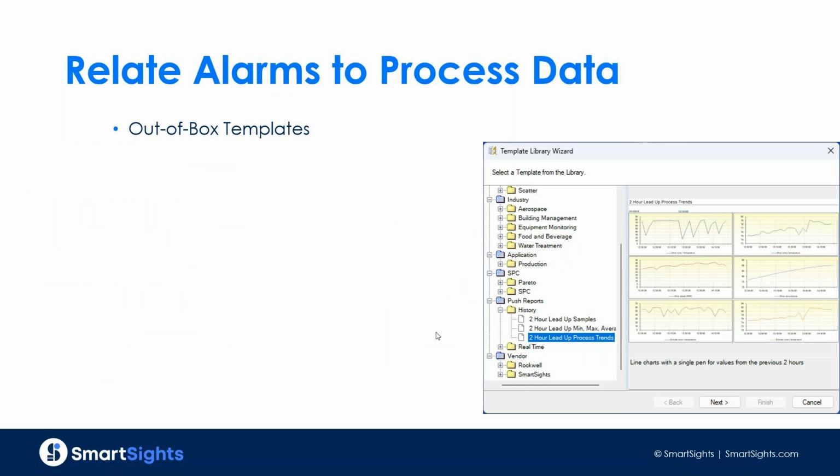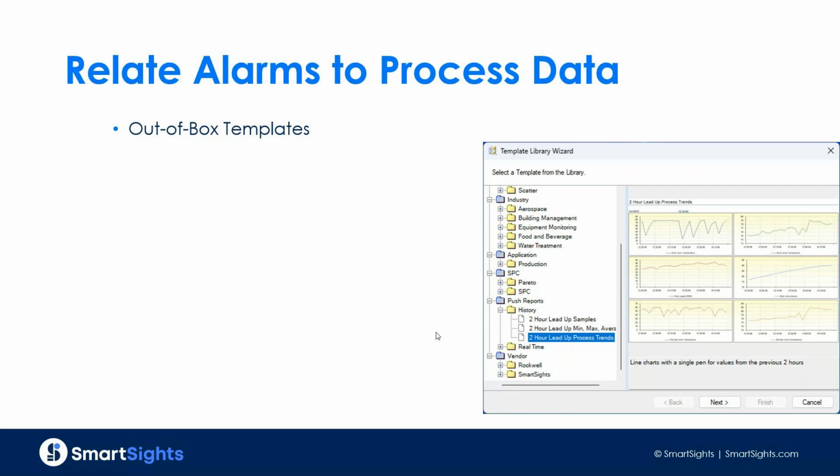So some of the concepts that sit behind this, enabling these different perspectives, are the concept of relating alarms to process data. And we're looking at a data-focused view of this in this screenshot. But we have built-in templates that are designed to enhance alarm response. And those templates are basically asking the question, what information would someone want to know when they're responding to an alarm?